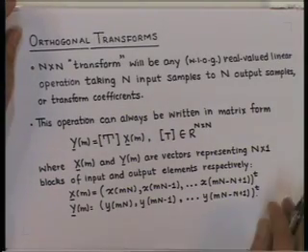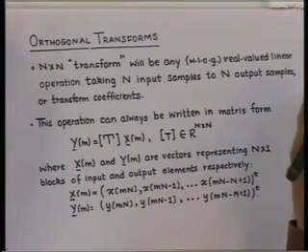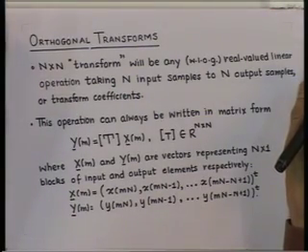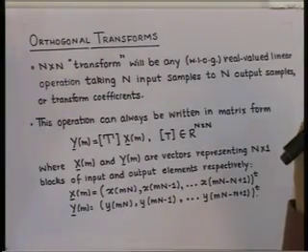Now, before we go ahead with the discussion of transform coding, let us recall the quantization error which occurs in pulse code modulation. Pulse code modulation is nothing but discretization of an analog waveform in time or space and amplitude.